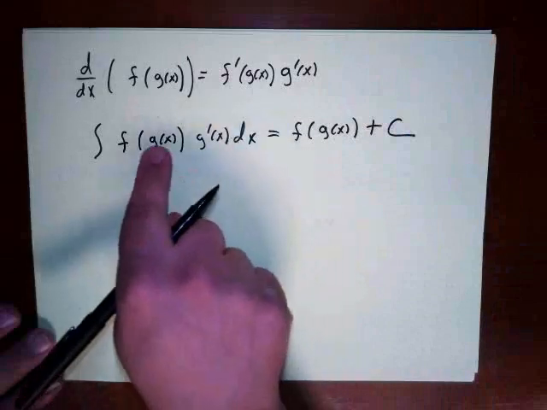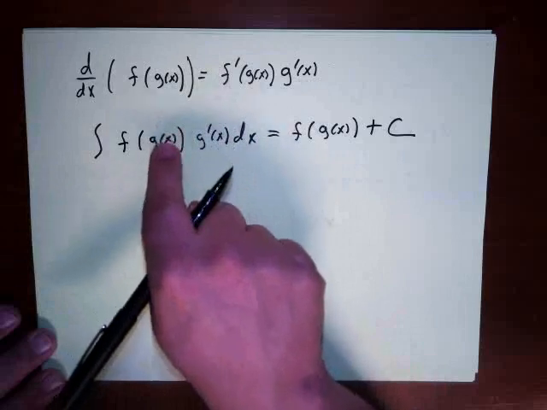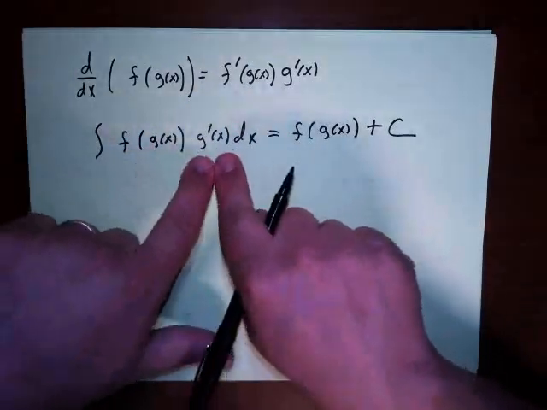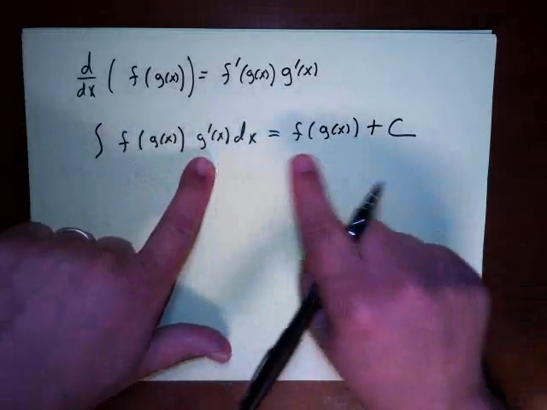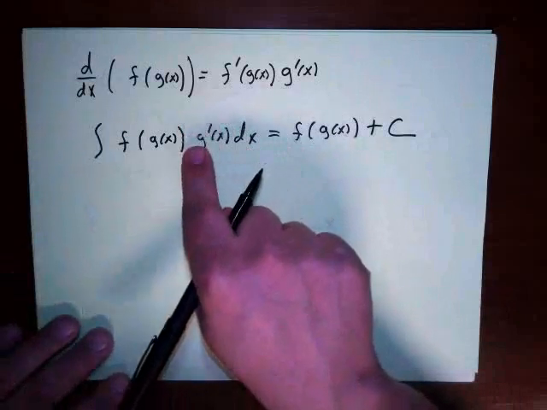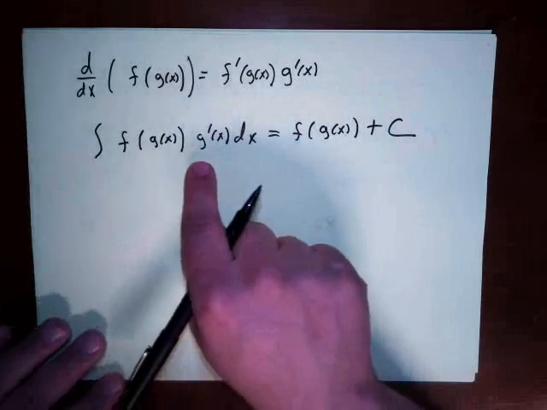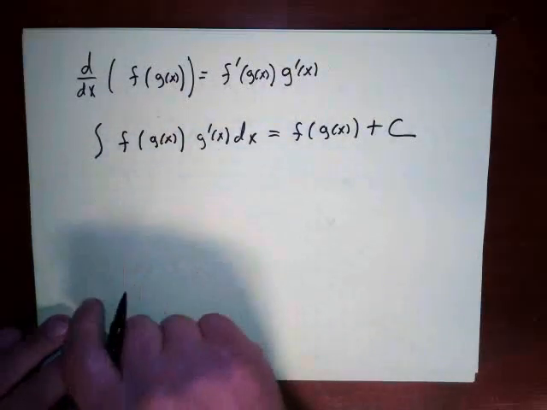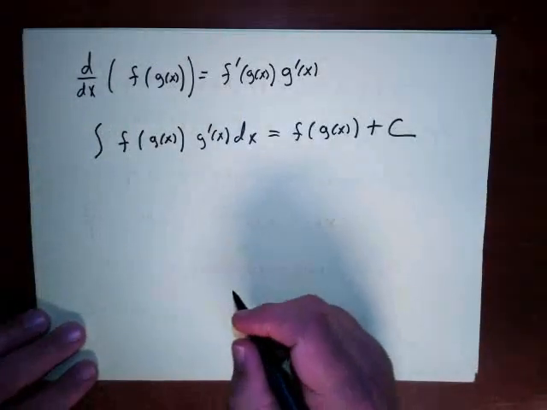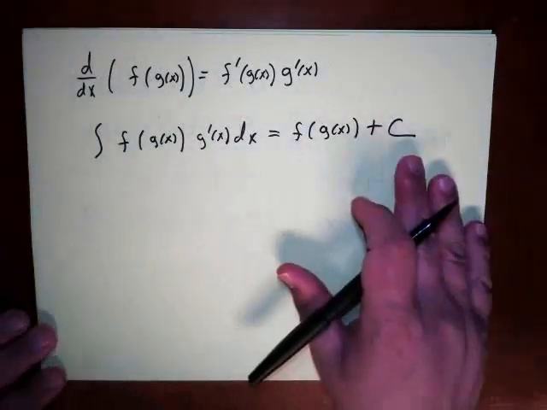Okay, so if you have an inside function inside an outside function, and you have the derivative of the inside function hanging on the outside, you can reverse the chain rule. And even if this isn't quite the derivative of the inside function, if it differs by only a constant multiple, then you could reverse it. Let me just leave it like that, okay? And so you're reversing the chain rule.